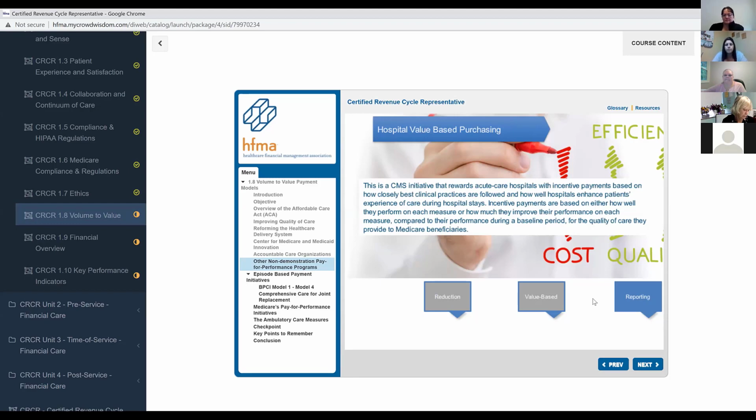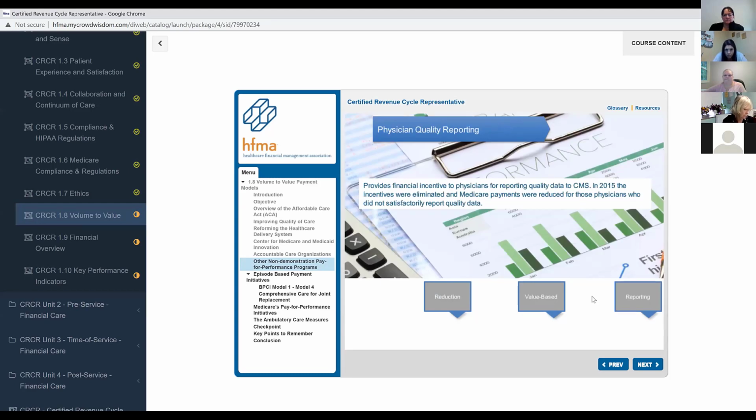And up until 2015, it provided financial incentives to physicians for reporting quality data. In 2015, the incentives went away, and physicians were actually penalized if they did not satisfactorily report quality data.